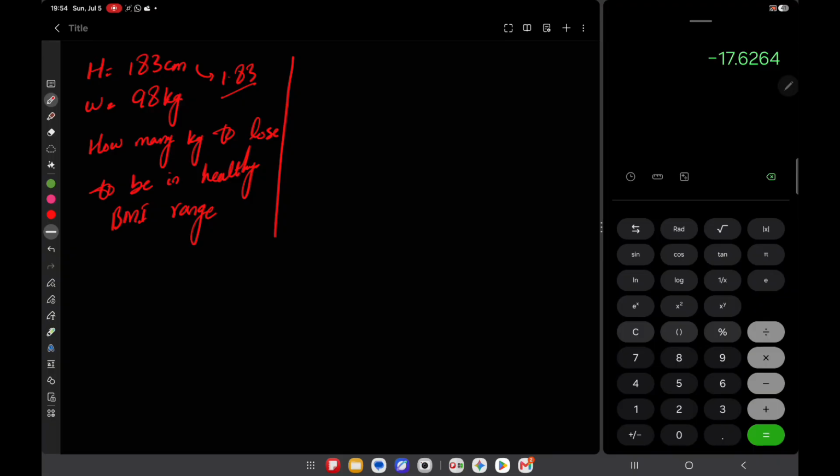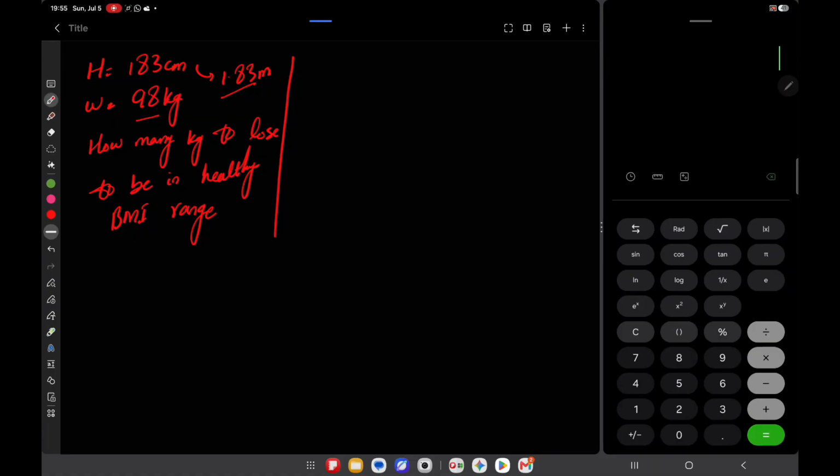We have the next example of pharmaceutical calculations in which we have to calculate the weight of the patient that he has to lose to be in the healthy BMI weight range. So height is 183 centimeters, that becomes 1.83 meters.